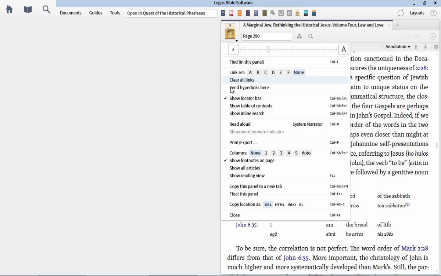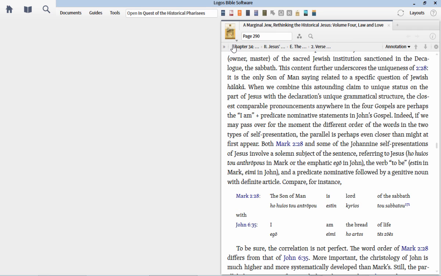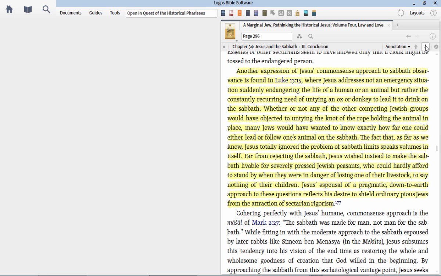So click on the book icon, mark show locator bar, so that this bar shows up which chapter you're in, and then there will be a drop down menu. You can jump from article to article, or chapter to chapter. You can jump from page to page if you want to go through a book page by page, or if you have done some annotation, some highlighting, underlining, you can say, take me to the next one.